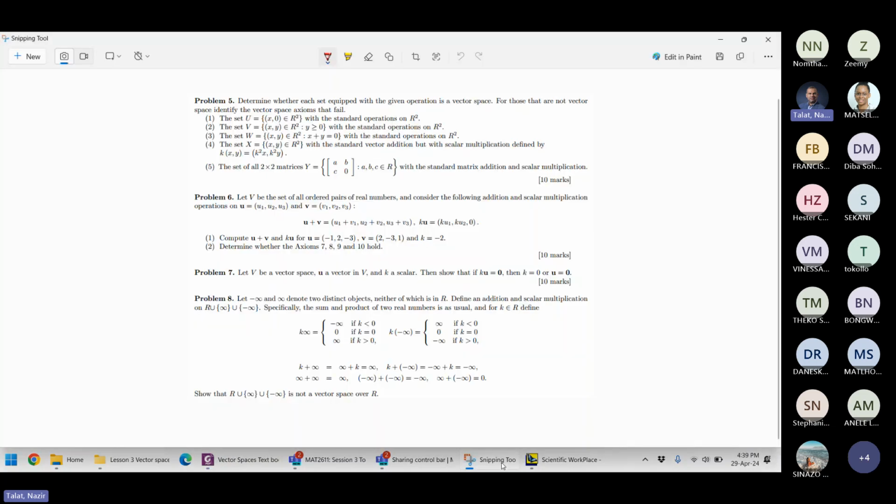Here, suppose your u is a vector like (1, 2, 3). Then tell me, what will 1 times u become under this operation? If u is equal to (1, 2, 3), then 1 times u is equal to, can someone tell me?